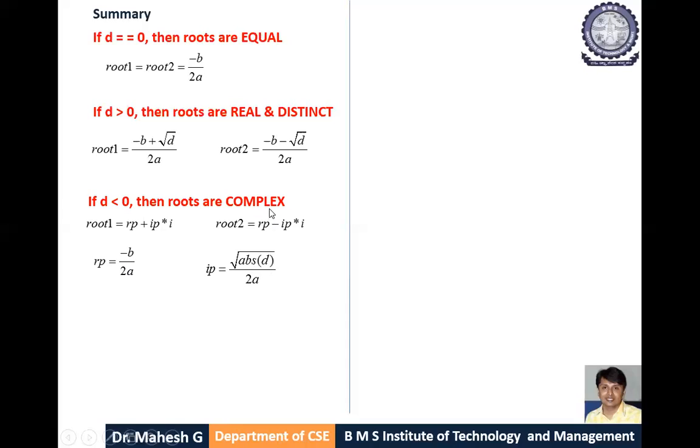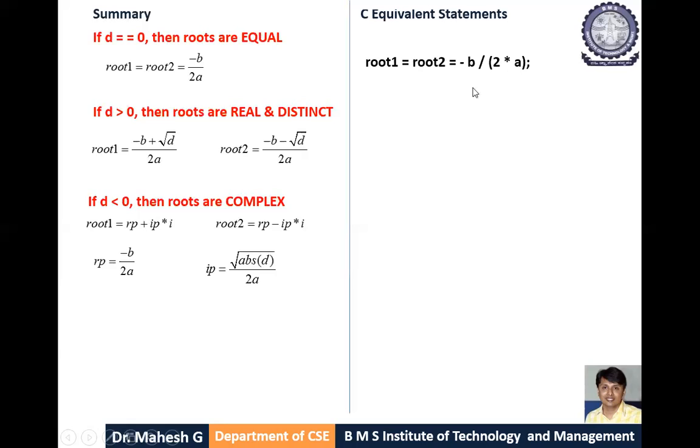Now, let us try to write C equivalent statements for these expressions. The C equivalent statement, root 1 is equal to root 2 is equal to minus b divided by 2a, can be written as root 1 is equal to root 2, that is equal to minus b divided by, in brackets, 2 into a.